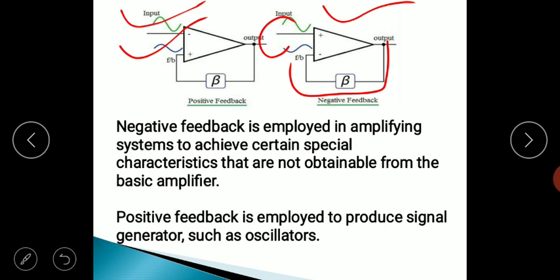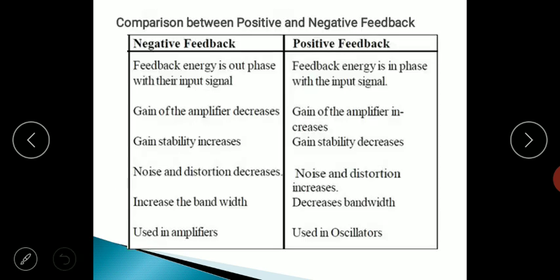First we'll discuss the negative feedback amplifier, and explain why negative feedback is required in amplifiers. The next part of this module will discuss oscillators, where we'll be using positive feedback.